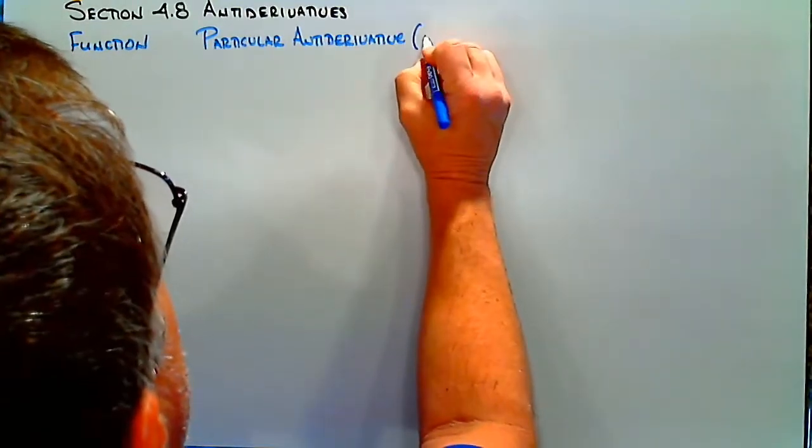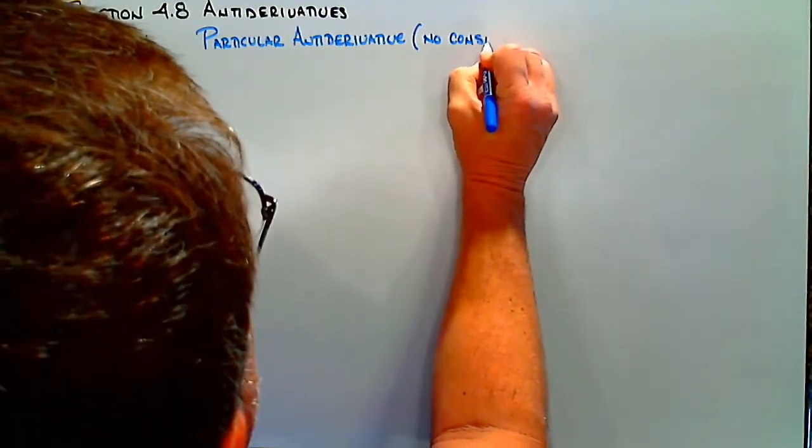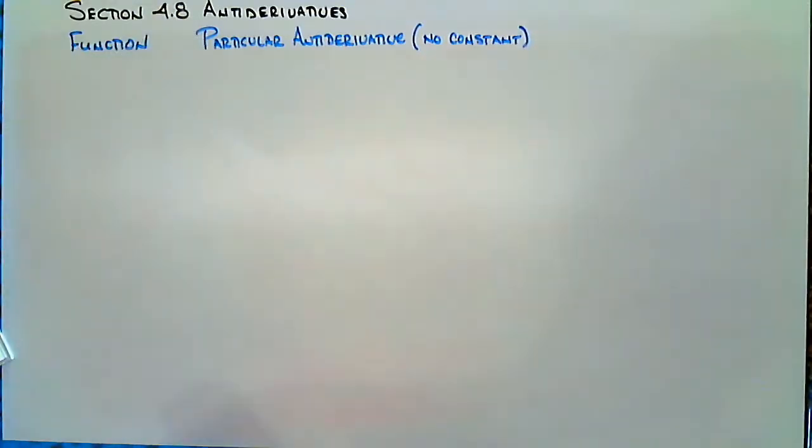We mean no constant. The phrase we use for that is a particular antiderivative. If it had a constant, we would call it the general antiderivative.